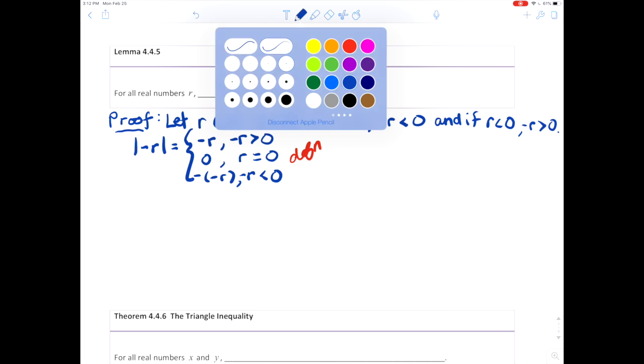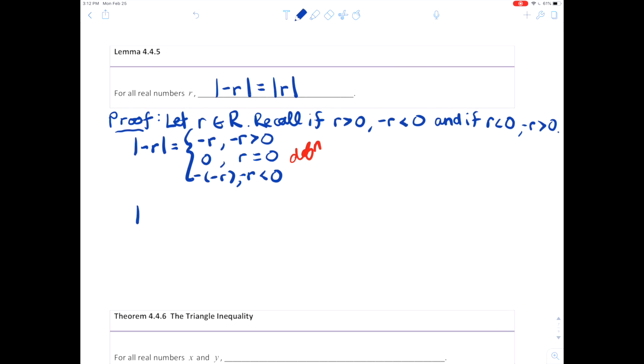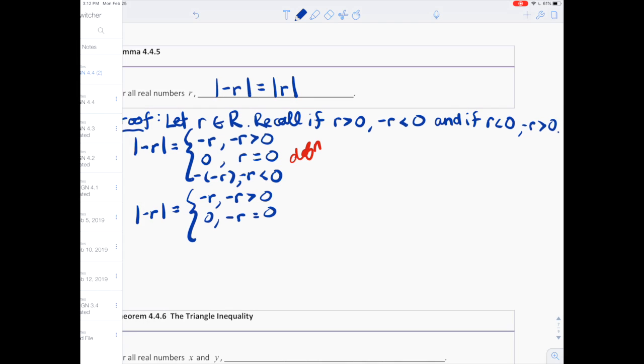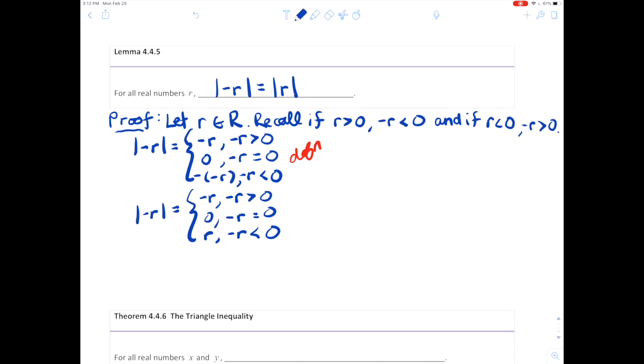So now, using some algebra, absolute negative r is equal to the same, the first two will be the same: negative r for negative r greater than 0, 0 for negative r equal to 0. Sorry, that first one should have been negative r equal to 0. And then just r for negative r less than 0.